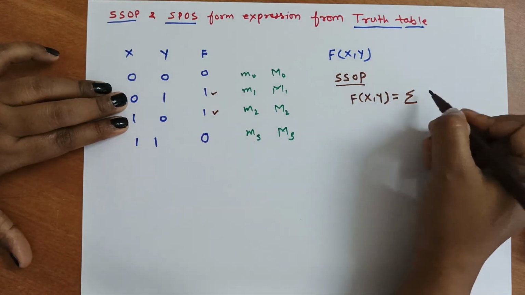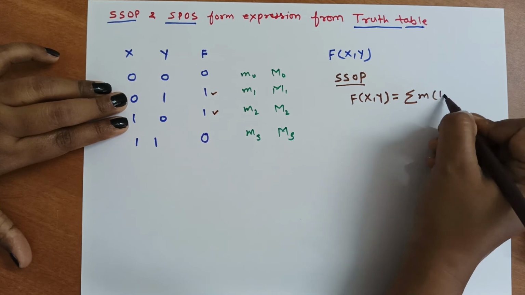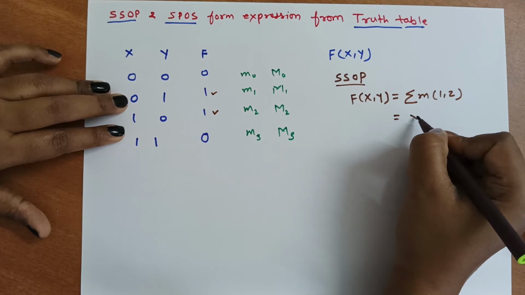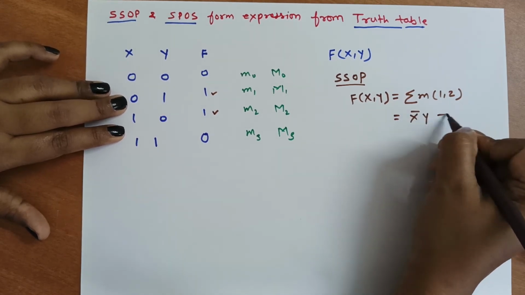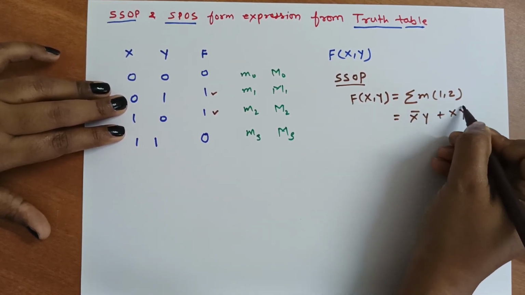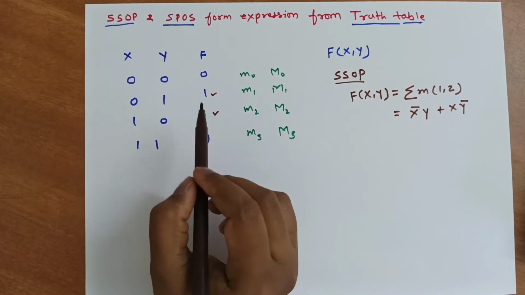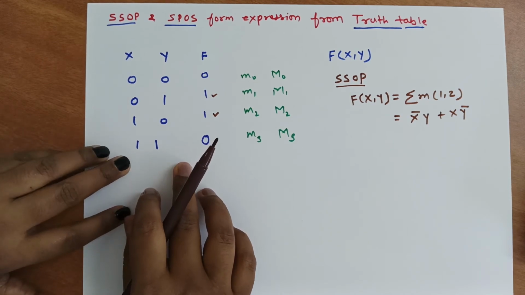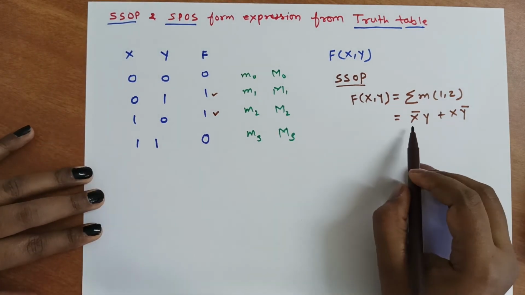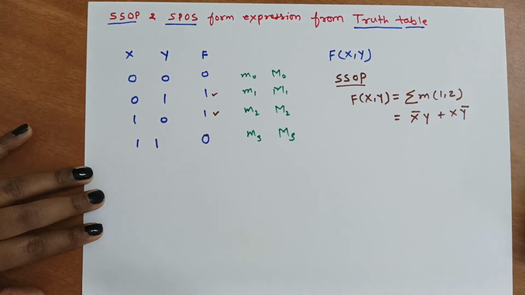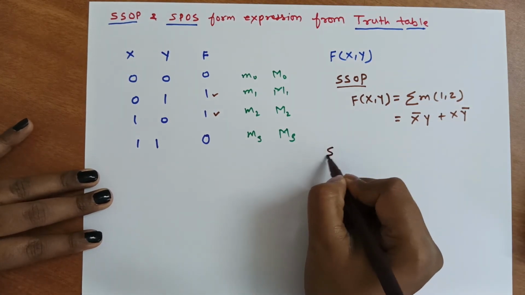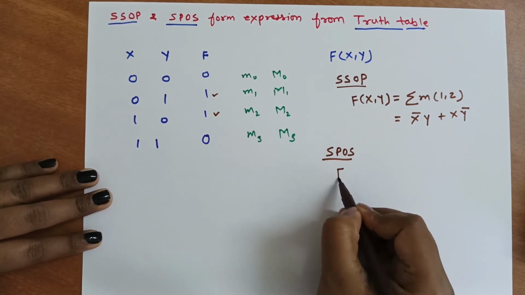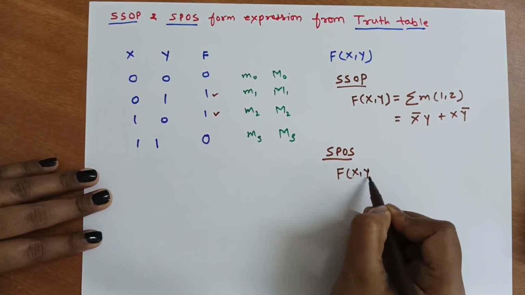So these are m1 and m2, summation of m1 and 2. This is x bar y plus xy bar. From the truth table we can see this is the truth table for the XOR operation, and the representation is x bar y plus xy bar.